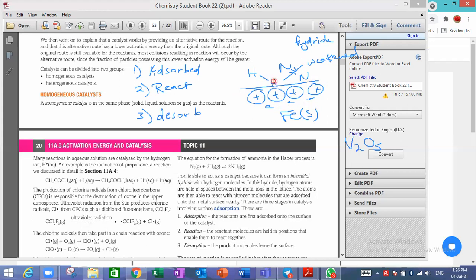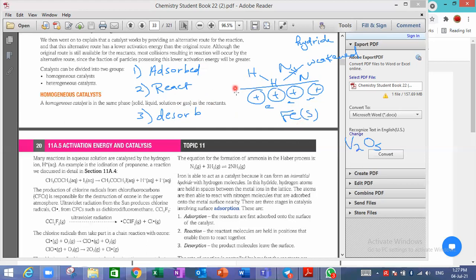And then the small hydrogen atoms are going to pass through the positive ions of the iron metal, and it forms what we call an interstitial hydride. And then the hydrogen atoms will react with the nitrogen atoms that are also now adsorbed at the surface of the iron, forming the ammonia. And then the ammonia will desorb away from the iron metal. So three steps take place whenever a catalyst is acting as a solid.